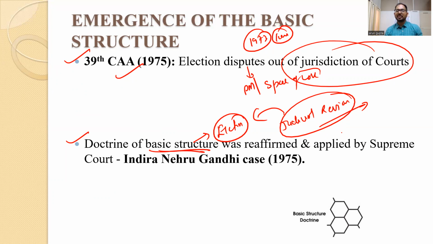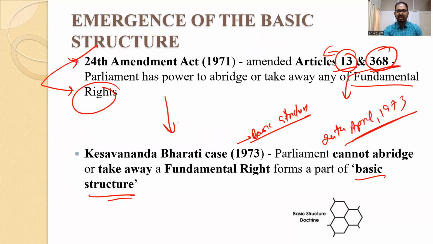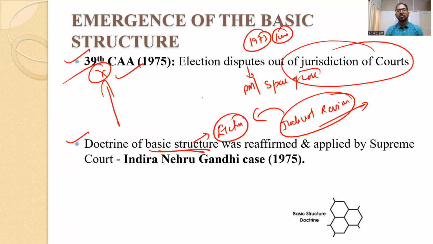So it is a part of the basic structure, and hence it cannot be taken away by any amendment, nullifying the 39th Constitutional Amendment Act. So till now we can see the 24th Constitutional Amendment Act was not exactly nullified, but was restricted in a few features. And now the 39th Constitutional Amendment Act was nullified by the court in the Indira Nehru Gandhi case, Indira Gandhi versus Union of India case.